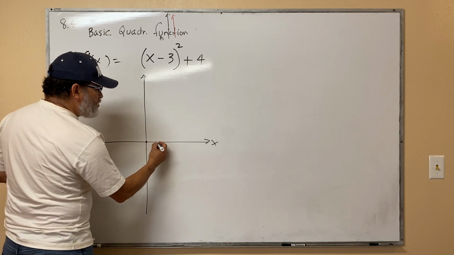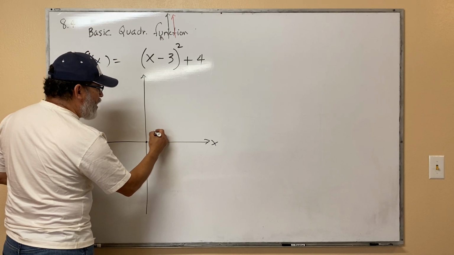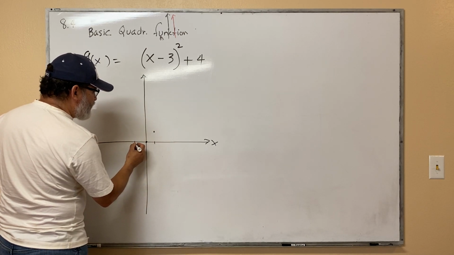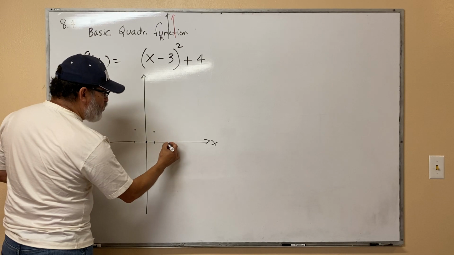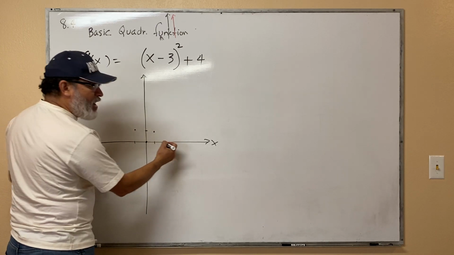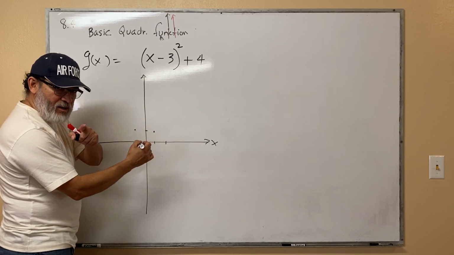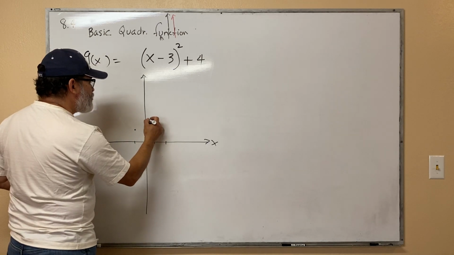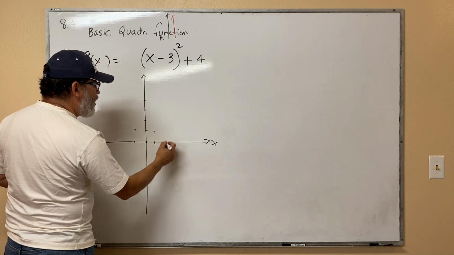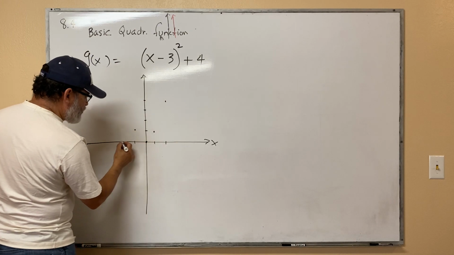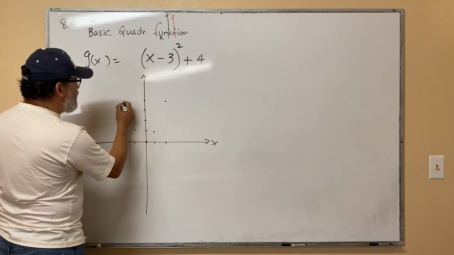One to the right, 1 up, one to the left, 1 up. Twice to the right, how many up? 4 up. Twice to the left, 4 up.